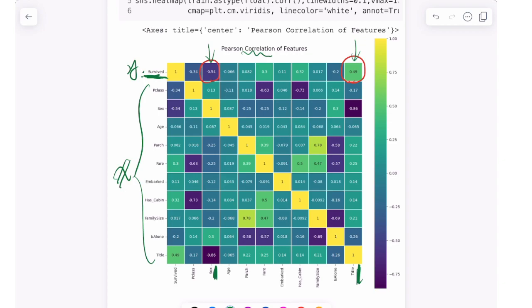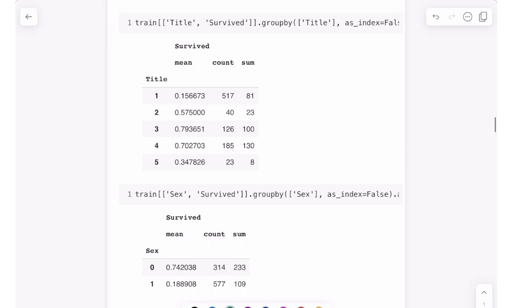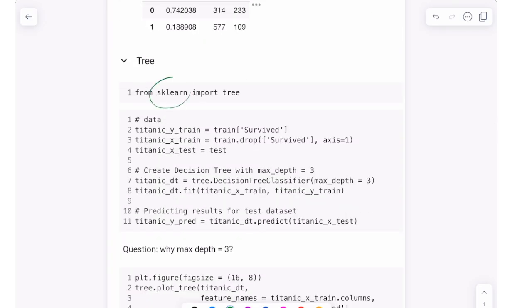Of course, this one is negative, but it really doesn't matter. That means these two features are highly correlated to survival. That is what I would like to observe before I perform tree-like algorithms.